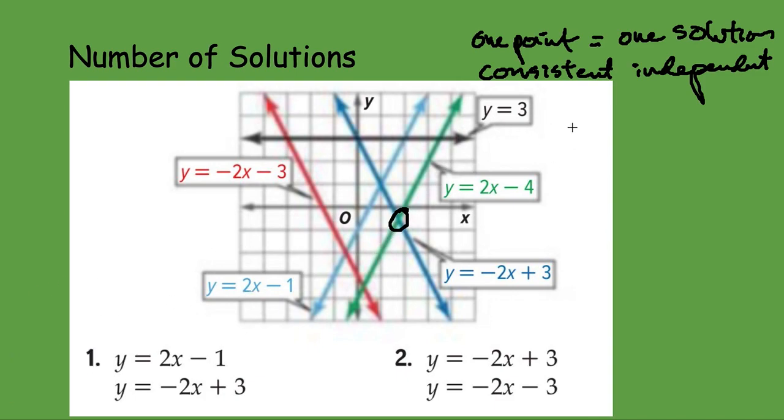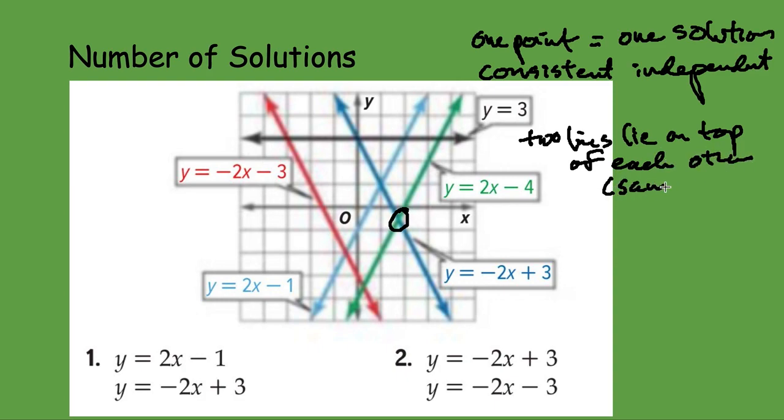The next thing you can have is where you have two lines that lie on top of each other, right? So in effect, they're the same line, but they might have different ways of writing the same line.